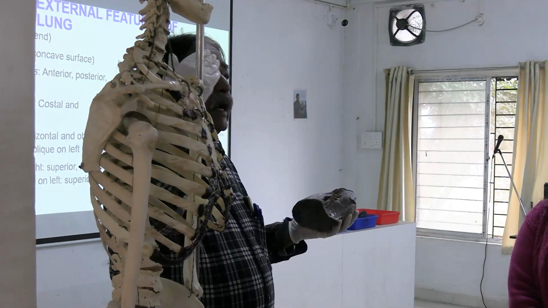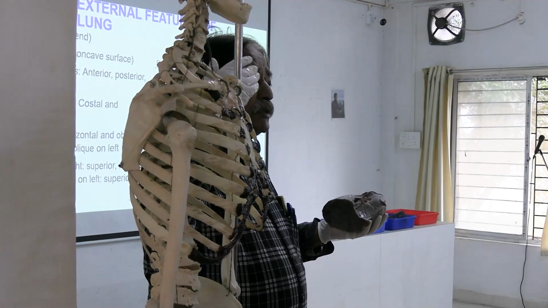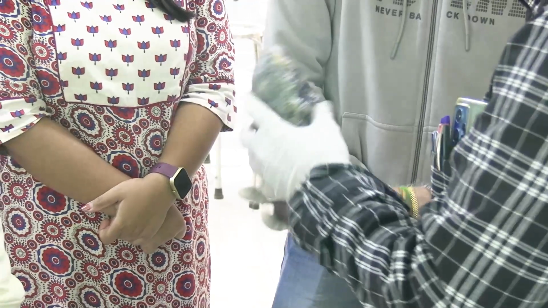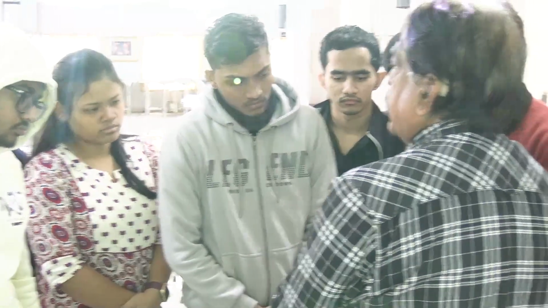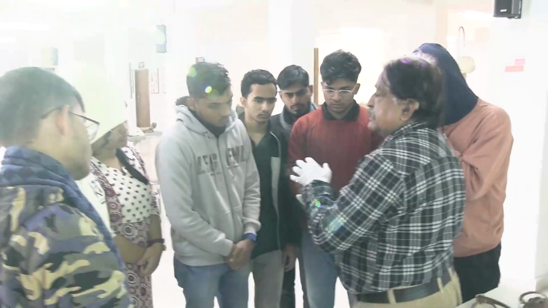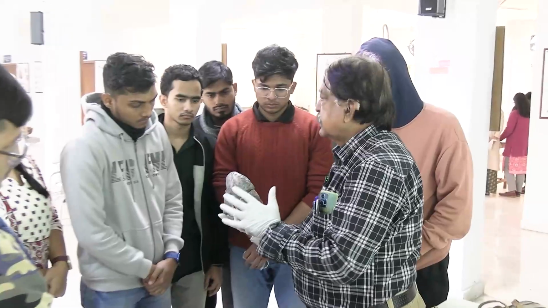In Hindu culture, there are some people who put tulsi. This is the left lung. This is on the right side. Imagine the palm of the hand is the diaphragm. This is the diaphragmatic surface. This is the apex. It's a pyramidal structure. Okay.